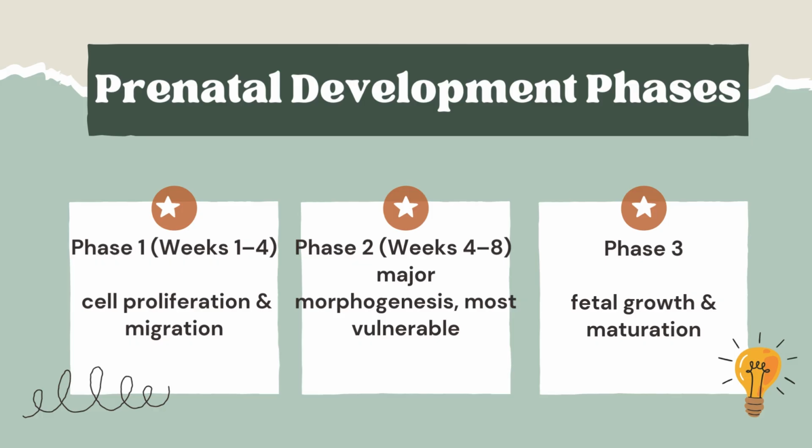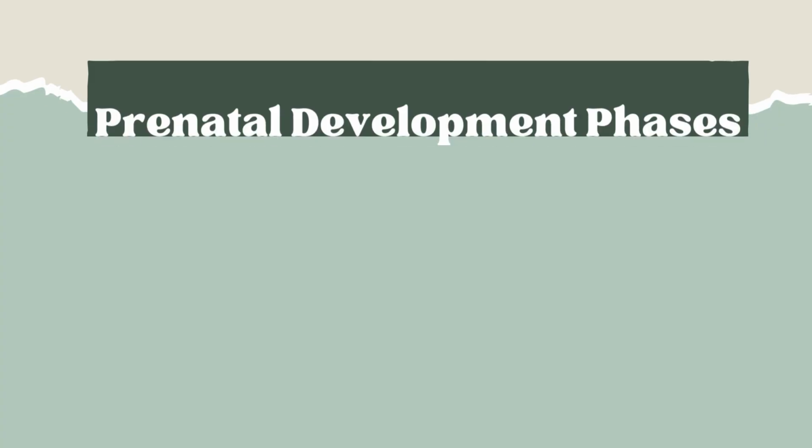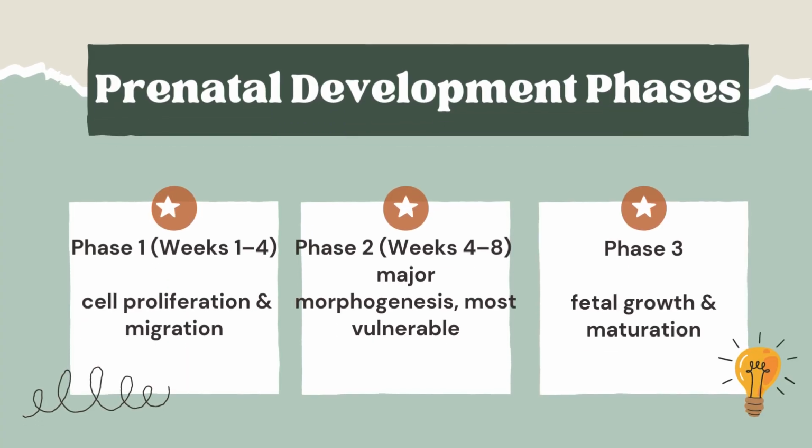This is also the period when most of the congenital defects originate, since the developing embryo is extremely sensitive to disruption. From the end of week 8 until birth, we enter the fetal stage, where growth and maturation become the primary processes.